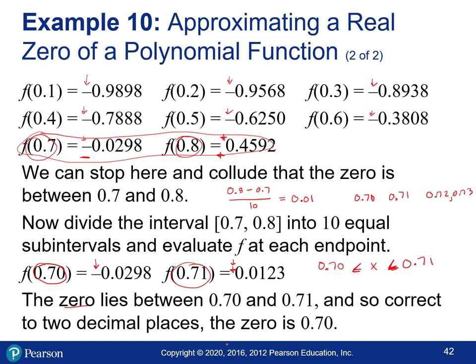And so if we have to choose one, we're going to choose to round down to the lower one. And so the 0 we'll say is approximately 0.70. And just so you know, if you plug that back into your function, which we have written already here, you're going to get that it's not exactly 0. It's negative 0.0298.